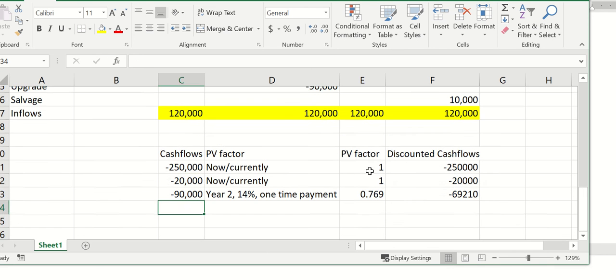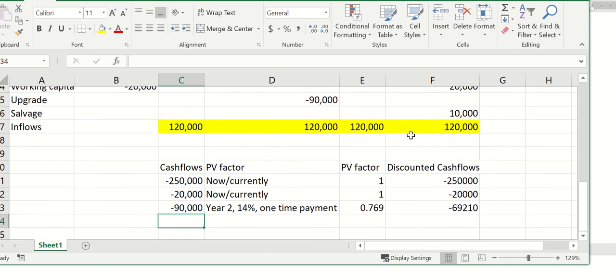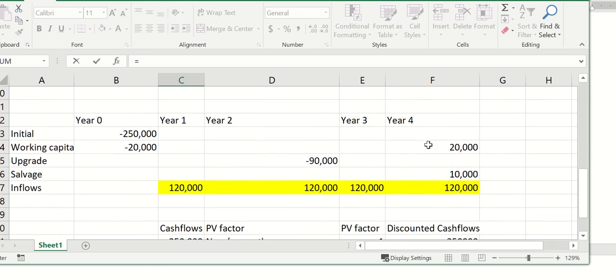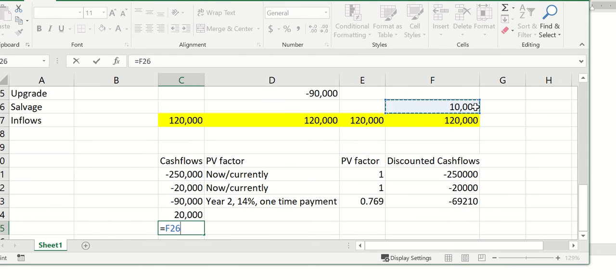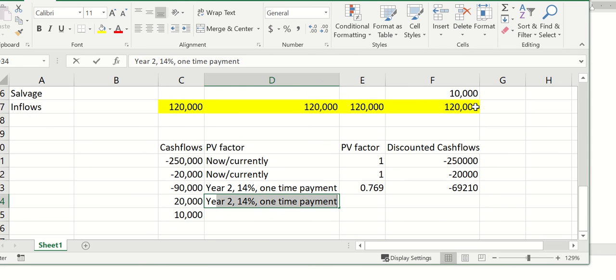And then I have my working capital released, 20,000 positive, and my 10,000 positive salvage value. That was year 4, 14%. All of them will be at 14% except for the initial outflow and working capital in the beginning.